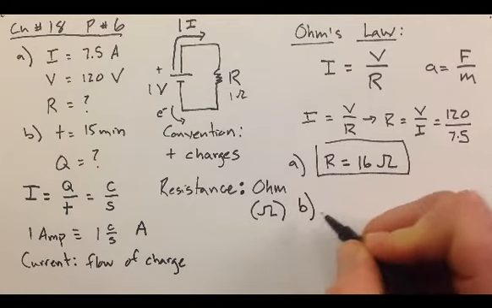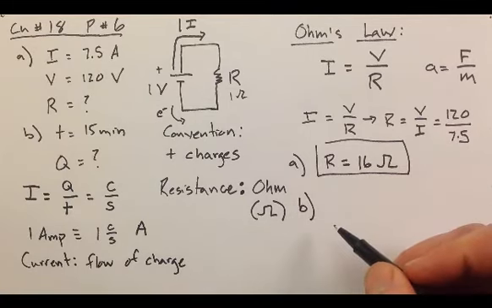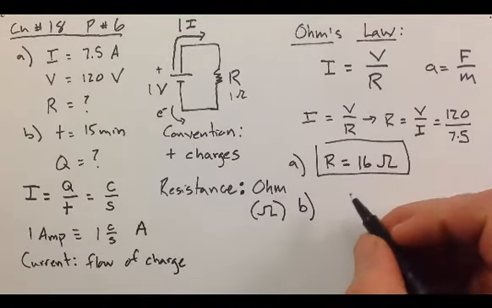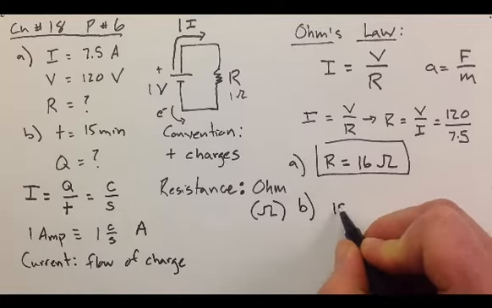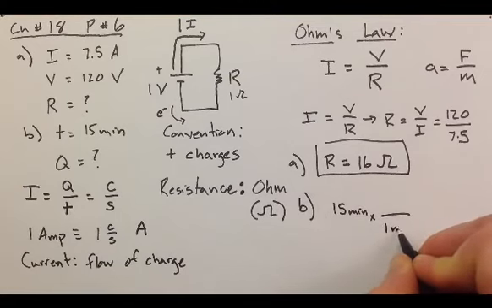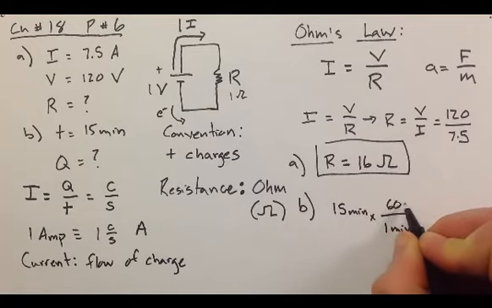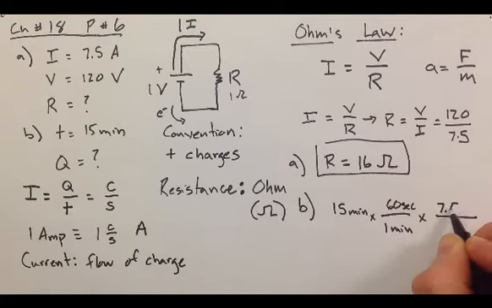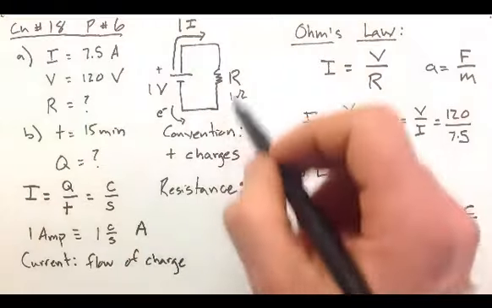Part B, how much charge flows through the hairdryer circuit? Well, if it's on for 15 minutes, I would want to figure out how many seconds that is. So in 1 minute, of course, there are 60 seconds. And we just figured out that the current is 7.5 amps, or 7.5 coulombs of charge every 1 second flowing through the circuit.